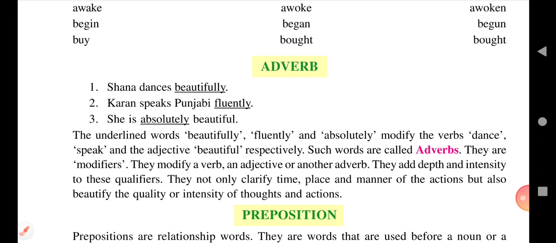Such words are called adverbs. They are modifiers. They modify a verb, an adjective, or another adverb. They add depth and intensity to these qualifiers. They not only clarify time, place, and manner of the actions, but also beautify the quality or intensity of thoughts and actions.